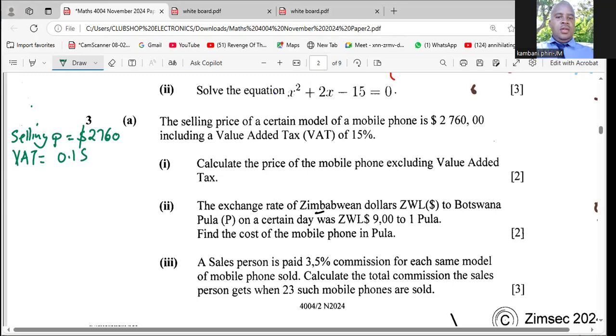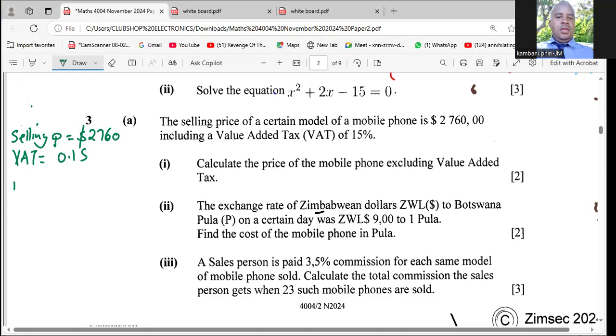Now, calculate the price of the mobile phone excluding value added tax. So what are we going to do to calculate the price of this mobile phone without the tax?